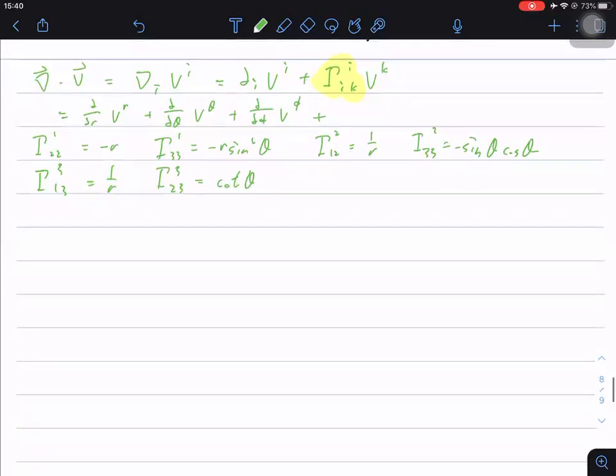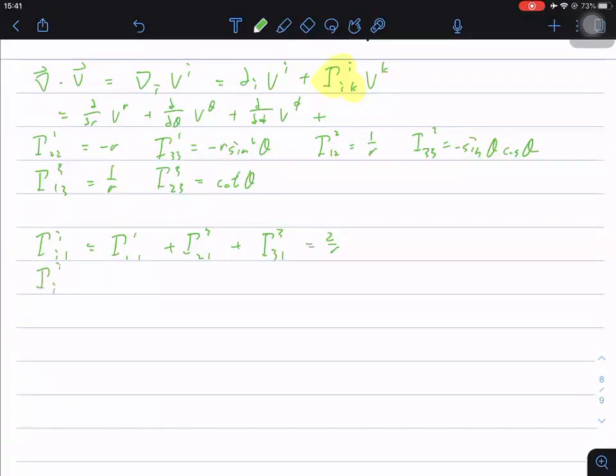Okay, so for k equals 1, we have Γ^1_11 plus Γ^2_21, sorry, Γ^2_21 plus Γ^3_31. So what we have here is 2 over r.